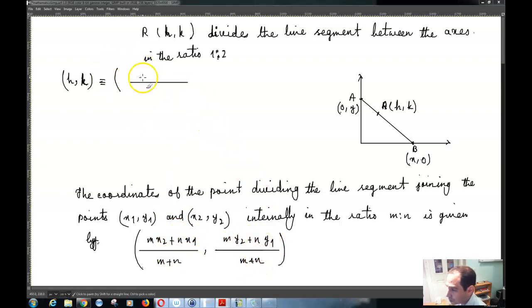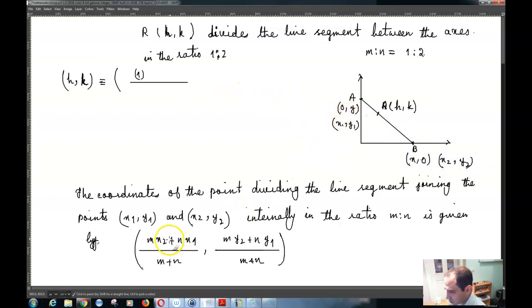Okay, so over here the ratio m to n is equal to 1 to 2. So your m is 1, n is equal to 2. Take this as x1, y1, and take this as x2, y2.